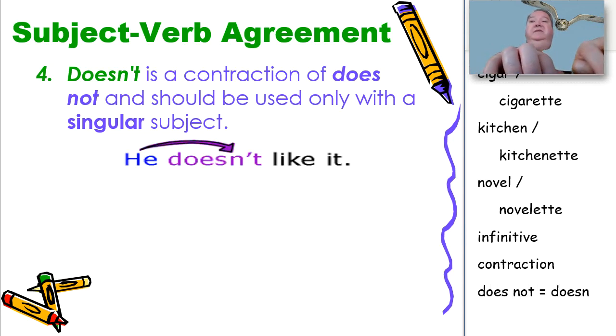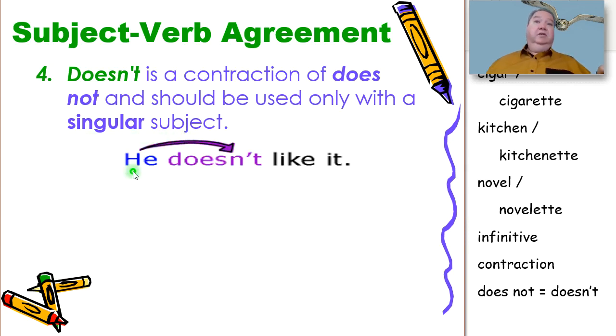You take out the space between them, and then usually one or two letters at least are missing. You replace those missing letters with an apostrophe. Doesn't. That is a contraction. Contractions will have this apostrophe here. Okay? Doesn't is a contraction of does not and should be used only with a singular subject.